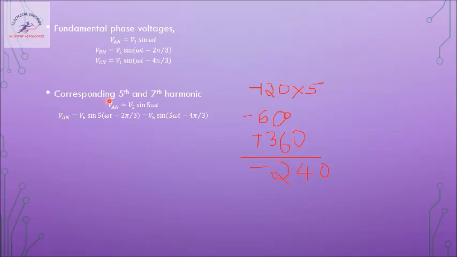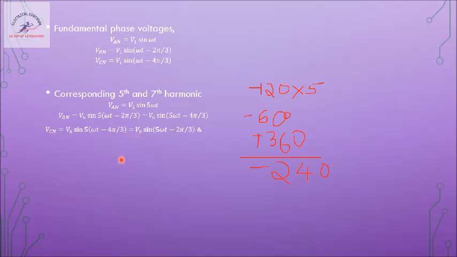Which is nothing but minus 4 pi by 3. So this is phase B of the fifth harmonic, which is lagging phase A by 240 degrees, whereas the fundamental lags by 120. Similarly, phase C of the fifth harmonic will be given by V5 sin(5 omega t minus 4 pi by 3), which is the term given here.